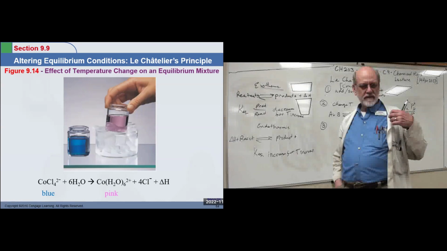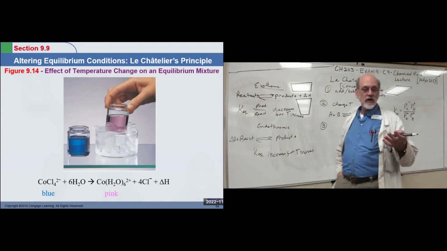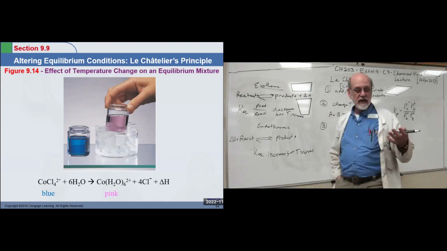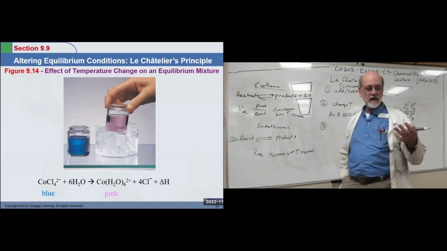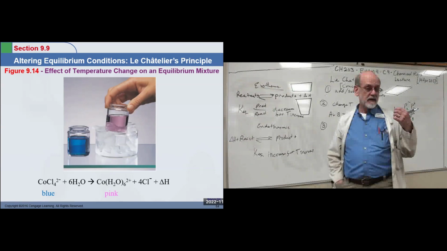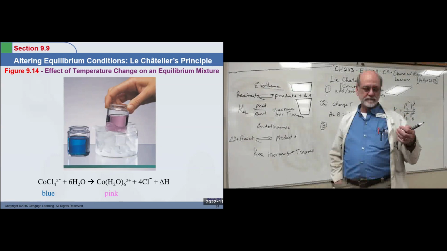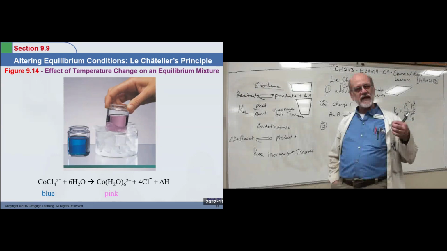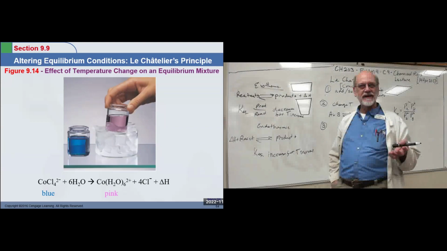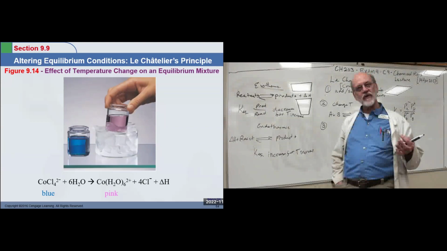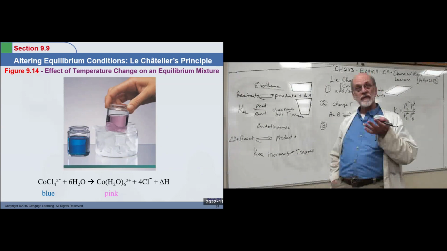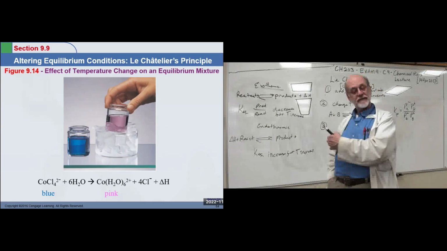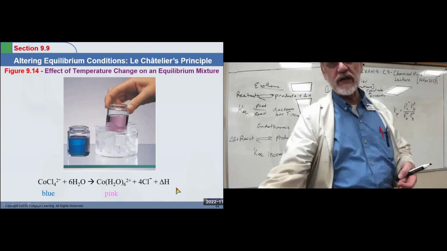If you have this reaction in which cobalt chloride ion is blue and the hydrated cobalt ion, this is a complex ion, is pink, then when you cool it down, when you take the blue and put it in ice, you cool it down and shift the reaction to the right because you're removing energy from an exothermic reaction and it shifts to the right. And you can see it as a color change.